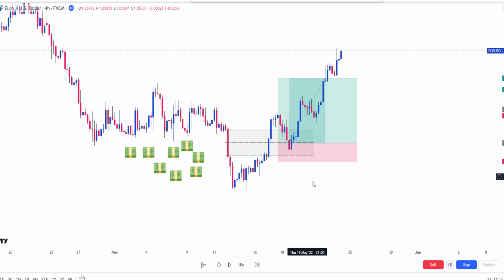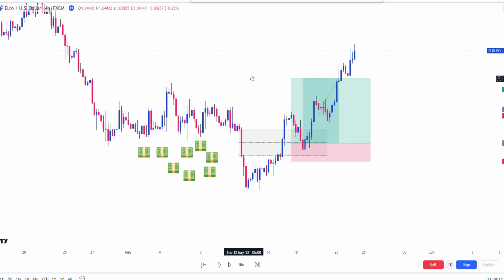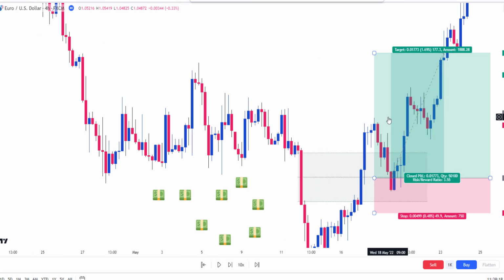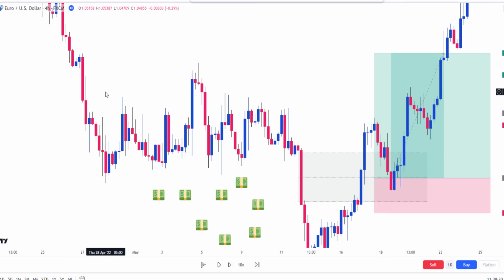So an inversion fair value gap, in simple terms, is a failed fair value gap that has turned into a support or a resistance area. All right, so please don't forget there is a little one here. Let me show you. This one, price pushed above this liquidity, came back, leaving this very big fair value gap.